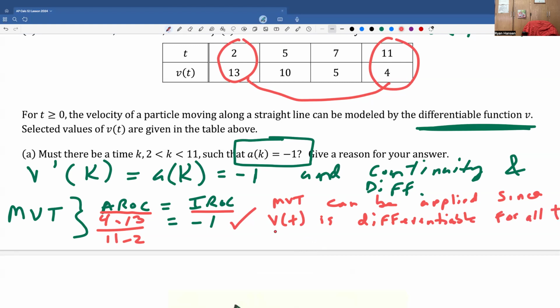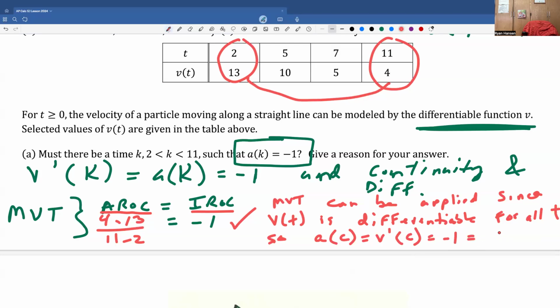So at some point, the acceleration, which is also the derivative of velocity, is equal to -1.